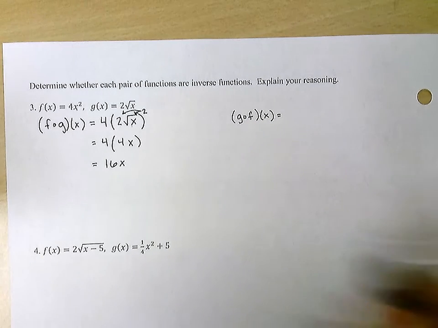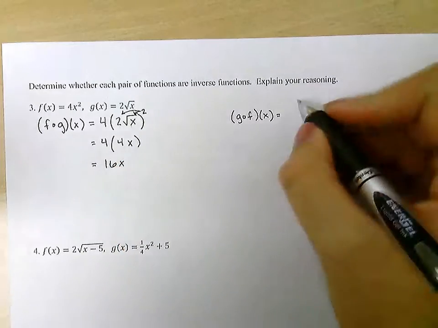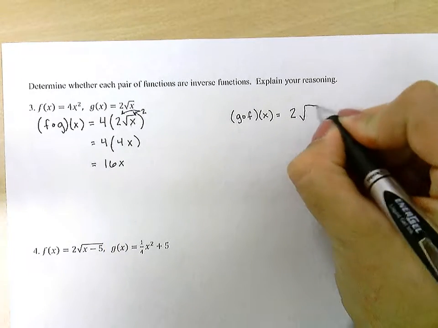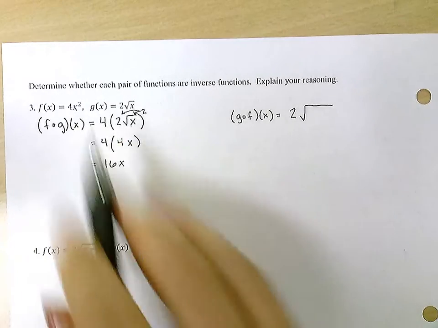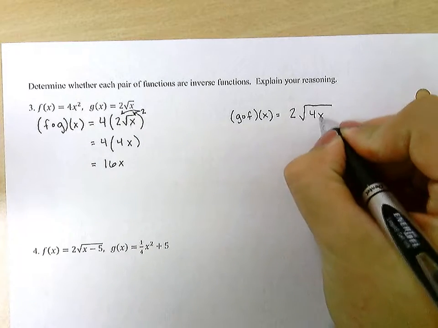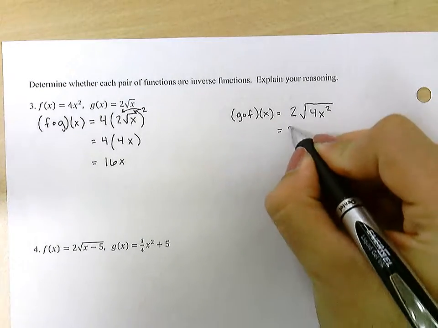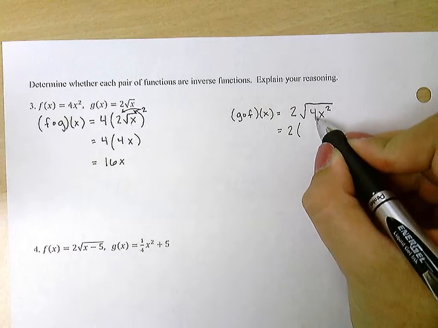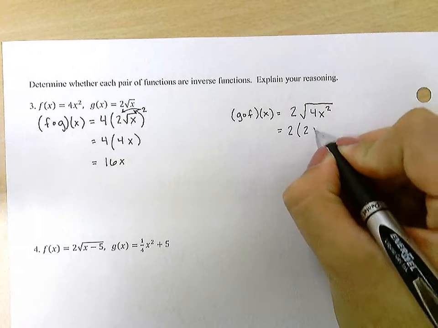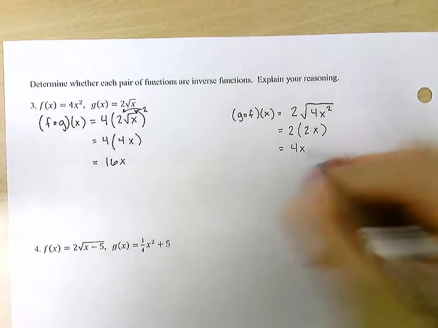Okay, so now I'm plugging in f of x for the x's in my g function. So starting off my g of x function, I have 2, and I have the square root. And now I can plug in my x value, which is my f of x function of 4x squared. Okay, so I still have this 2 here. I can take the square root of 4 and I can take the square root of x squared. So I get 2x. Multiply my 2's here to get 4x.